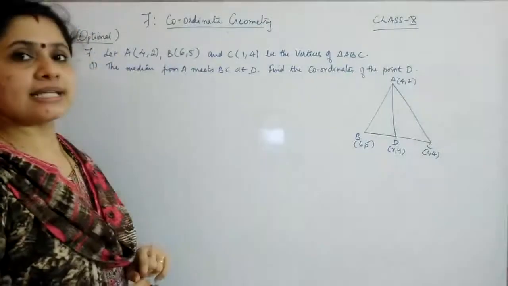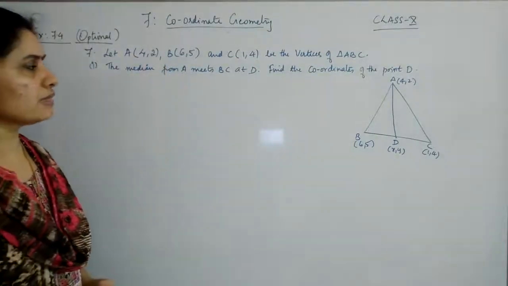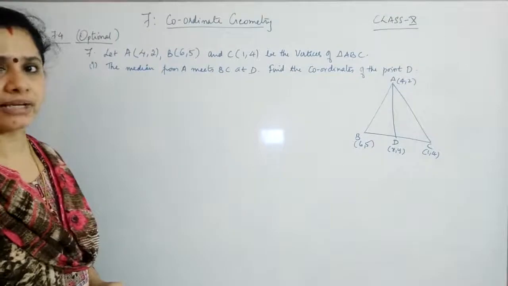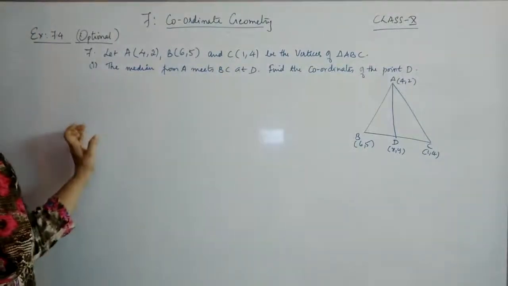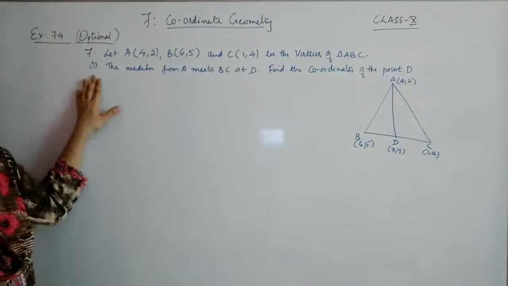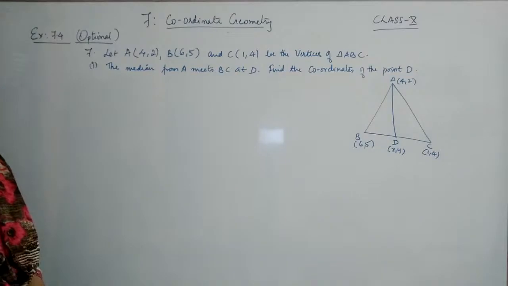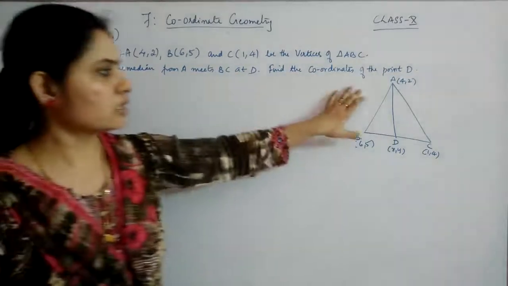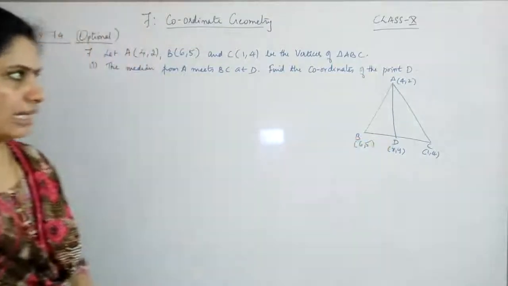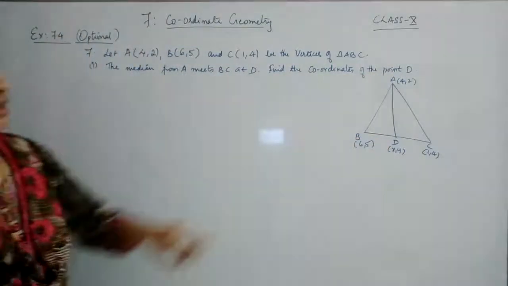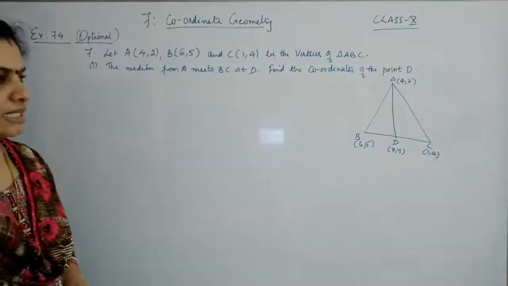Question number 7 is, let A (4, 2), B (6, 5) and C (1, 4) be the vertices of triangle ABC. You have 5 subdivisions here, so one by one we are considering. The first subdivision is, the median from A meets BC at D. So we have drawn a triangle ABC, and from A a median AD has been drawn, meeting at some point D on BC.